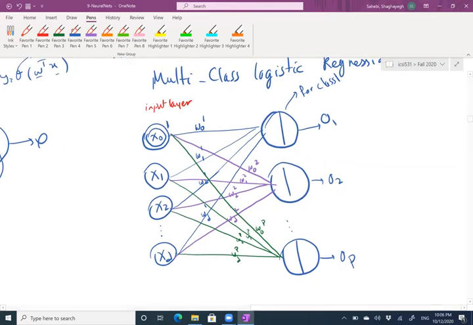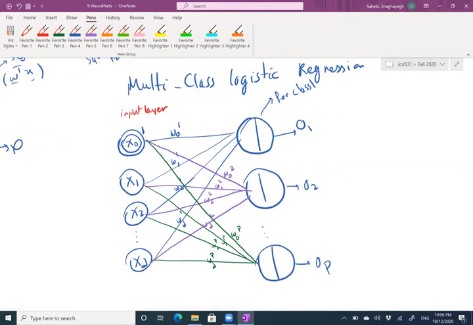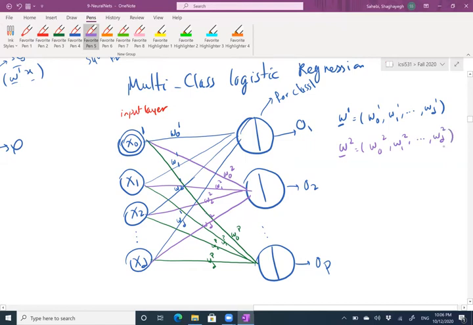So the vector of W's that I'm going to learn for class 1, I'm going to learn vector W1, which is like this, W0, W1, until WD. For class 2, I'm going to learn another vector, W2, which is W0, W1, until WD for class 2.